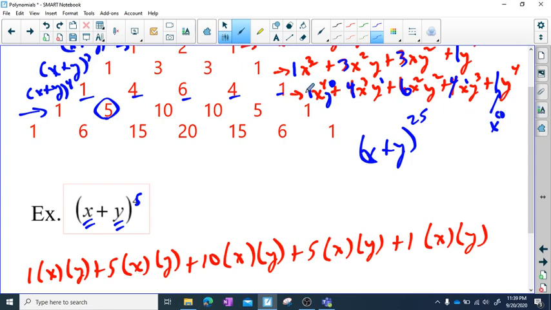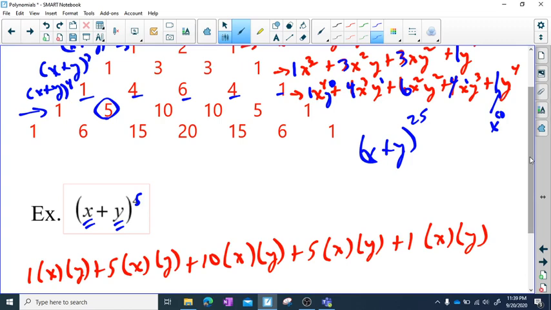Now, notice what happened as we went from term to term. The power of x, the first term of my binomial, went down. It was 4, then 3, then 2, then 1, then 0. The second term started at 0 and worked its way up: 0, 1, 2, 3, and then 4.